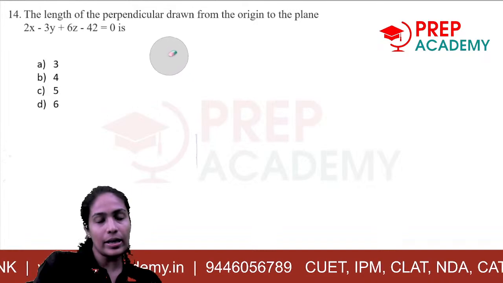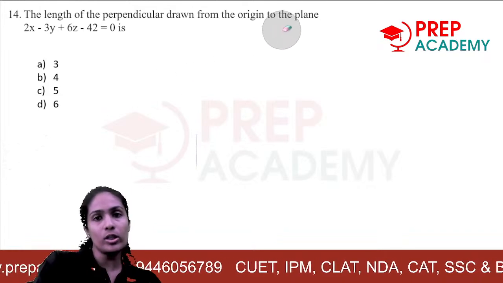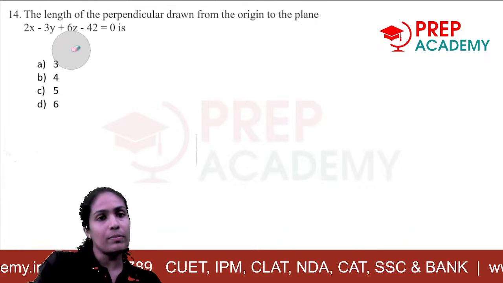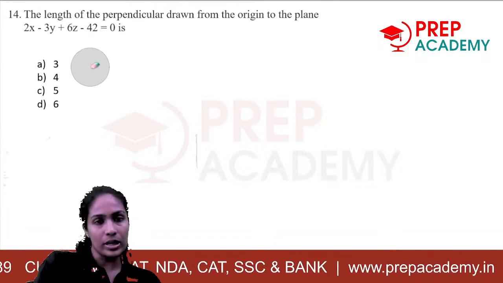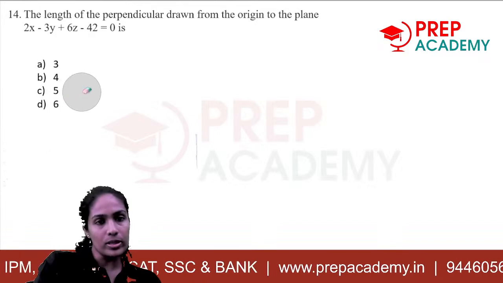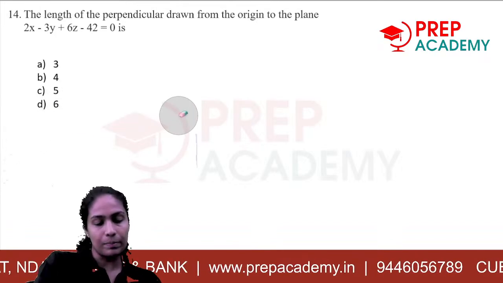Next question, the length of the perpendicular drawn from the origin to the plane 2x minus 3y plus 6z minus 42 is equal to 0 is option A 3, option B 4, option C 5 and option D 6.